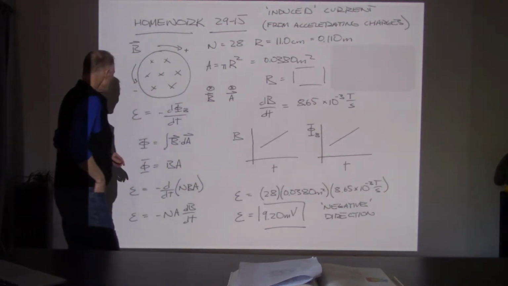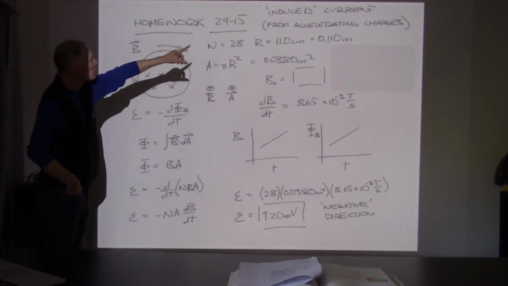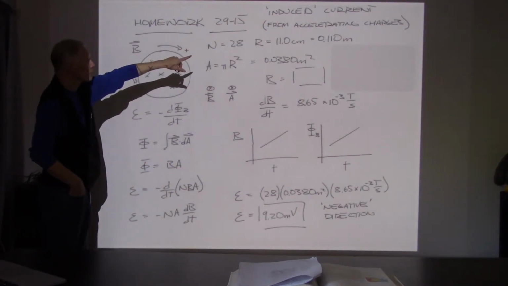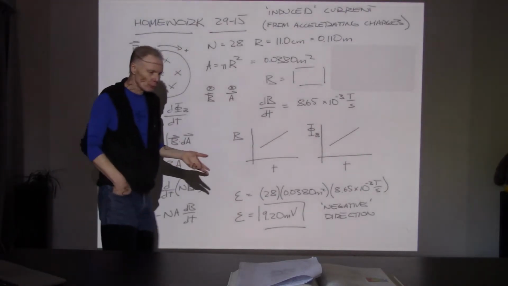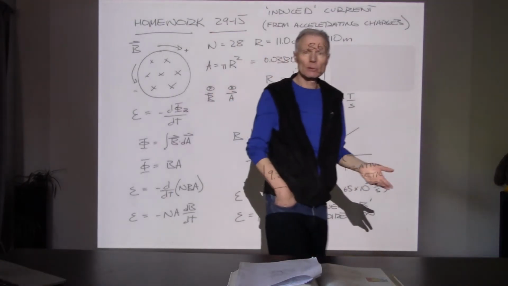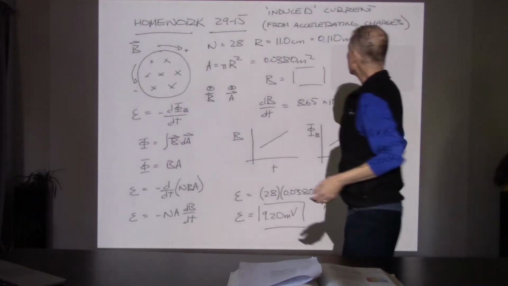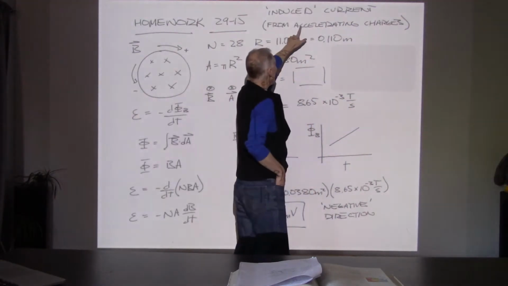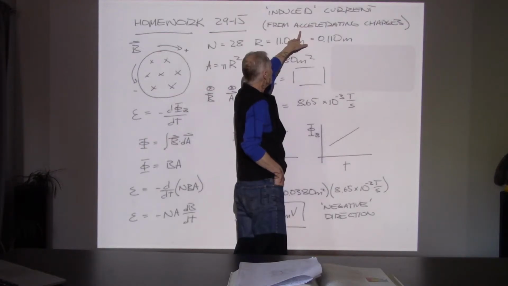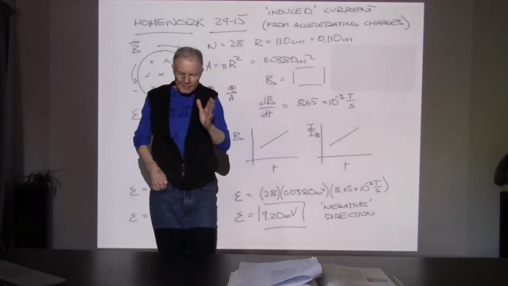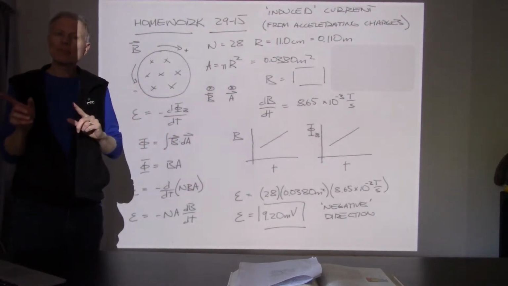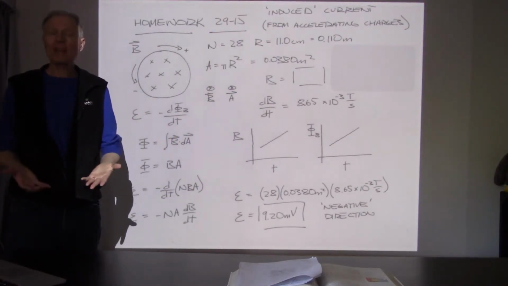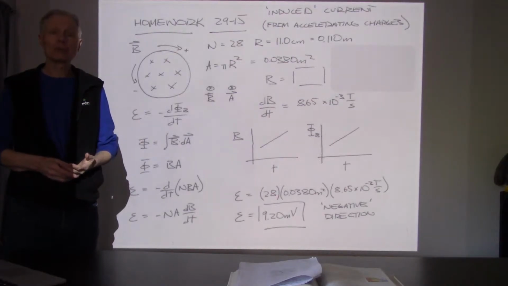Now, remember that when we're looking for induced currents, we can use Faraday's law. Faraday's law says that accelerating charges create magnetic fields that are changing, and at the same time they'll be creating electric fields.